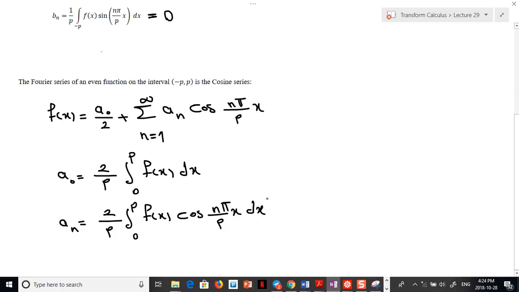It's a cosine series, or Fourier series, of an even function.